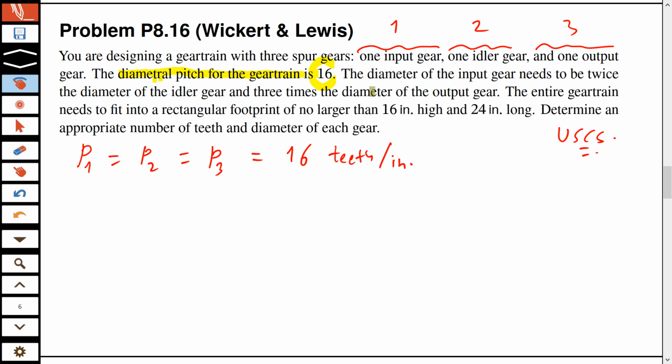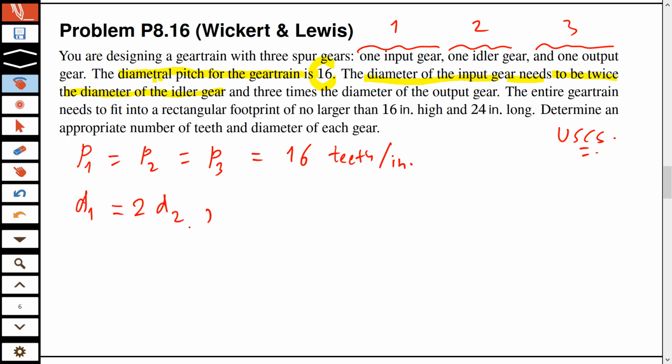So the diameter of the input gear needs to be twice the diameter of the idler gear. Now, input gear is labeled 1. So what I am trying to say is that D1, the diameter of the first gear, the input gear, must be twice the diameter of the idler gear, which is 2.